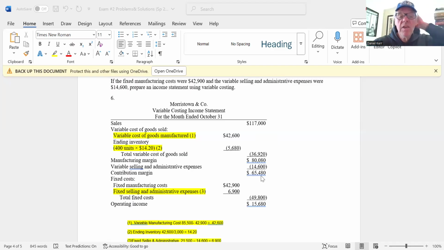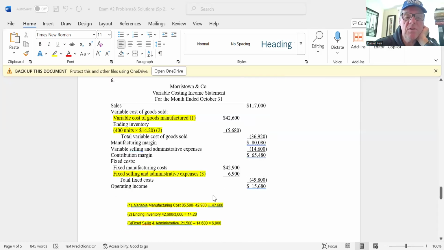So the only other thing I've got to consider now is what the fixed costs were. And they told us that fixed manufacturing costs were 42,900. And as far as the fixed selling and administrative costs, I know total selling and administrative costs were 21,500, and I know that the variable component of that was 14,600. So therefore, I must have had 6,900 of fixed selling and administrative expenses.